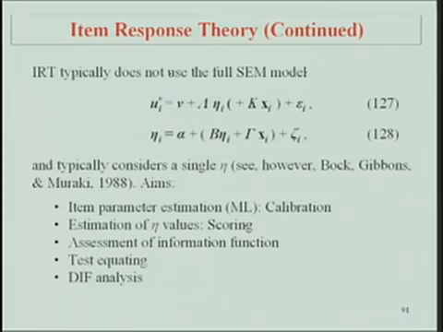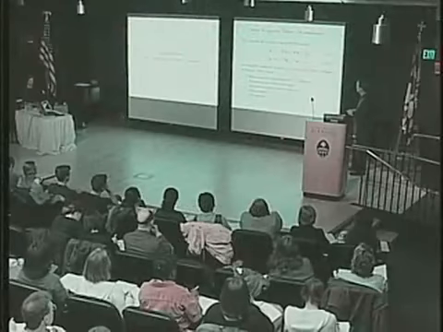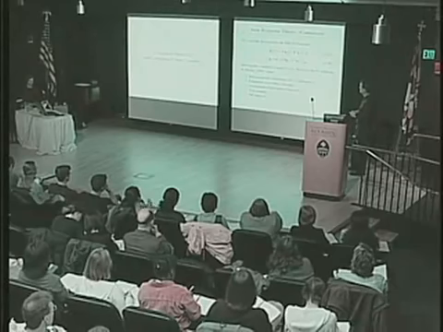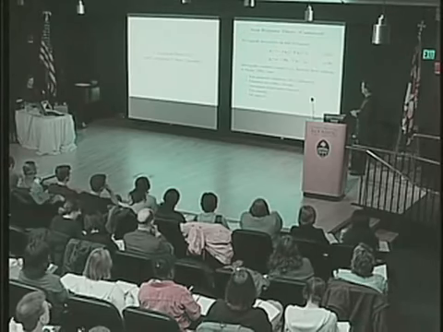That's the measurement part of the model, and then the structural part, the factors possibly regressed onto each other via the beta coefficients and onto covariates via the gamma coefficients, and with our own residuals, the Greek z here.